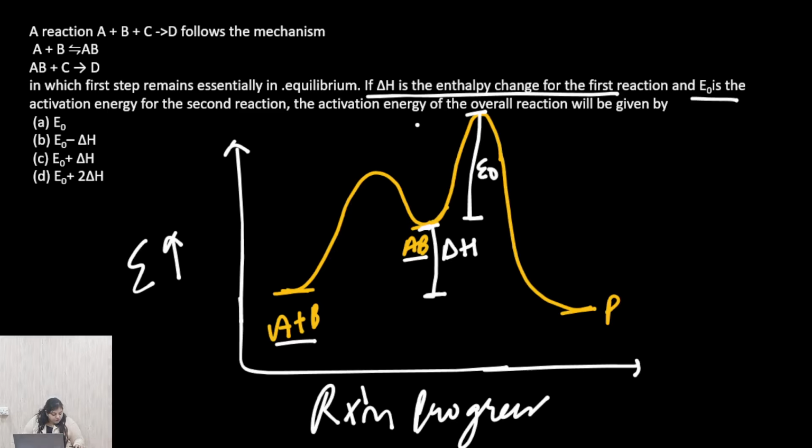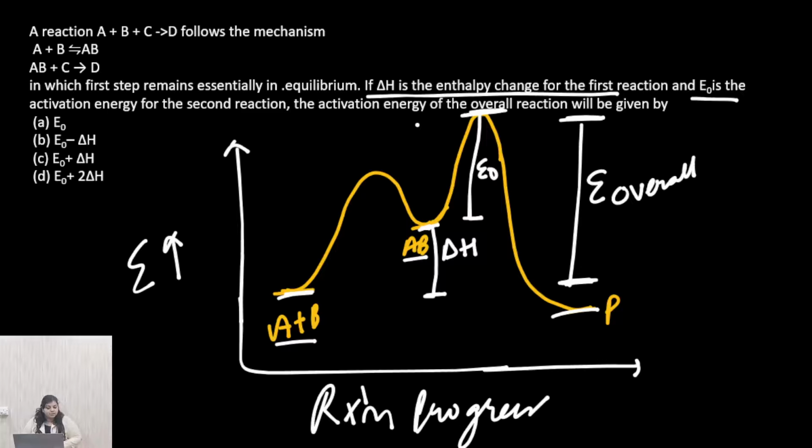The overall reaction that is taking place is A plus B getting converted into B. The activation energy up to here, from the AB, this whole is going to be the overall activation energy of the process.